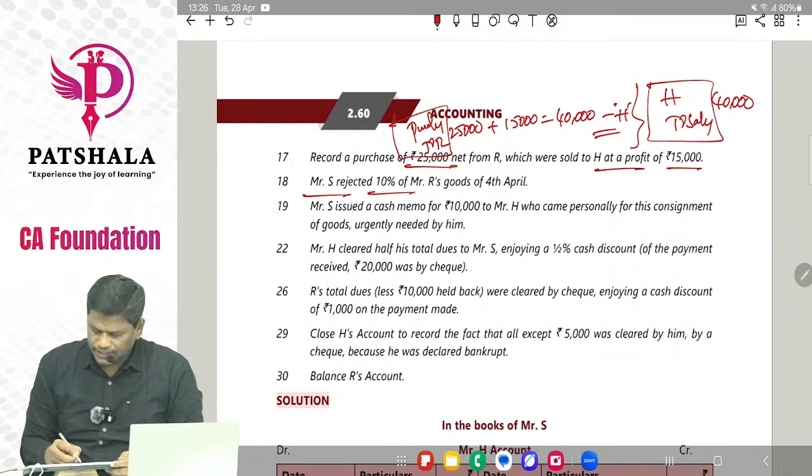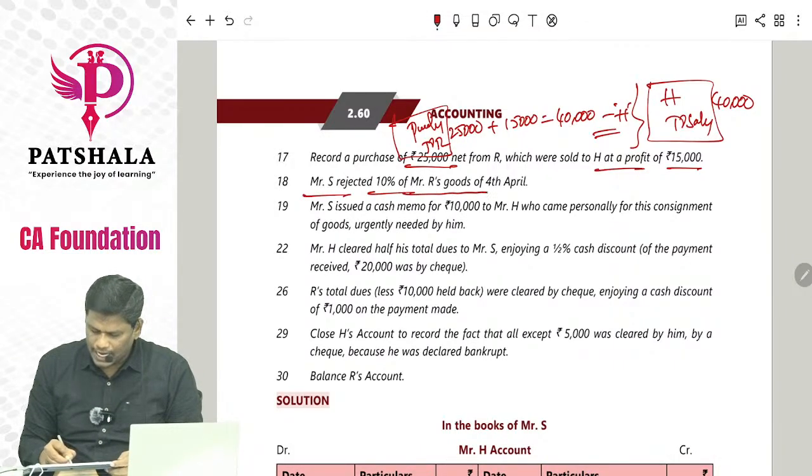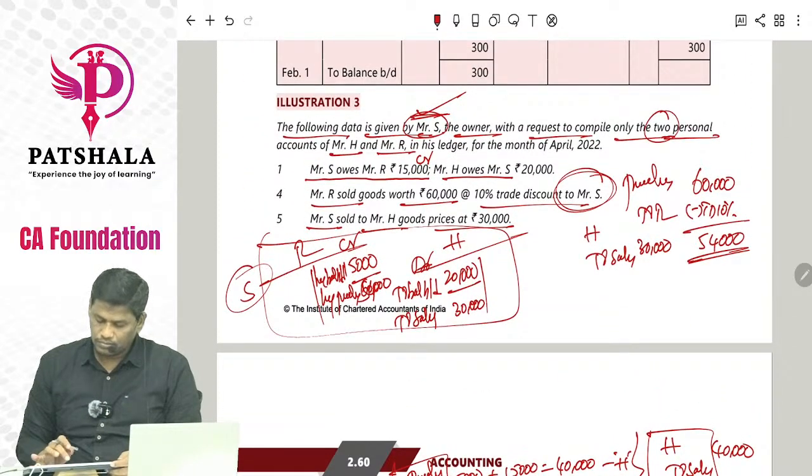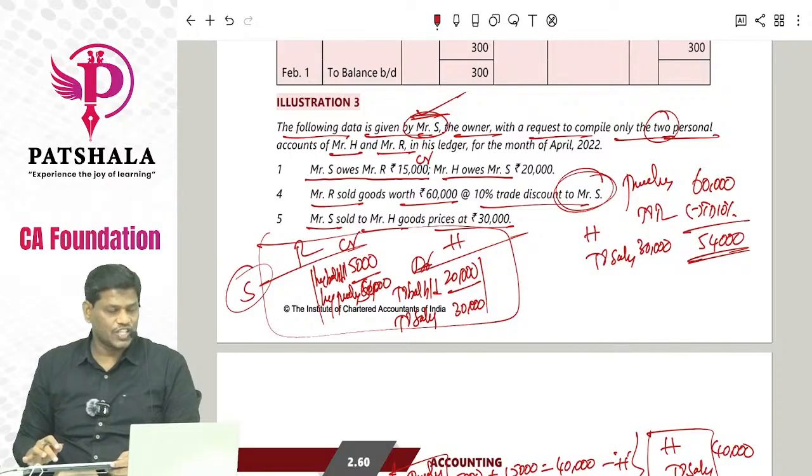Mr. S rejected 10% of R's goods on 4th April. On 4th April, how much did we buy from him? 54. Of 54, 10% rejected.